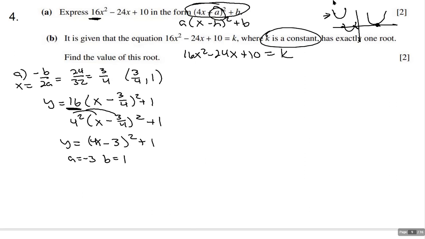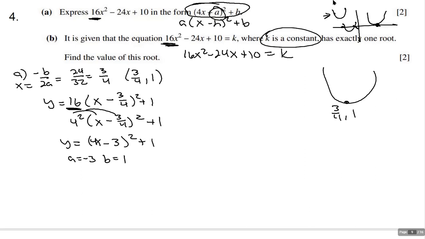Okay, so there's actually a couple different ways to kind of take a look at this. If you think about it, where is this quadratic right now? It opens up. We know that because the a is positive. The vertex is going to be 3/4, 1.